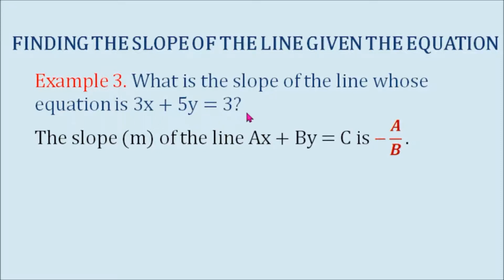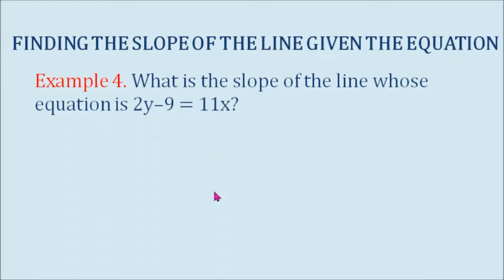Our equation is written in standard form. So to find the slope, it's just -a over b. So our a here is 3 and our b is 5. So our slope is -3 over 5.